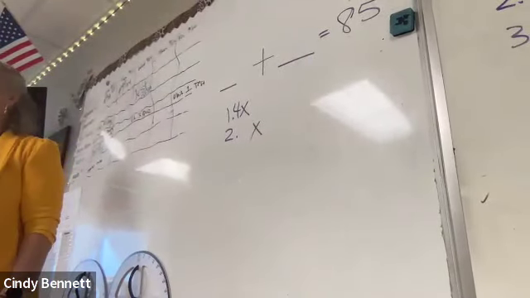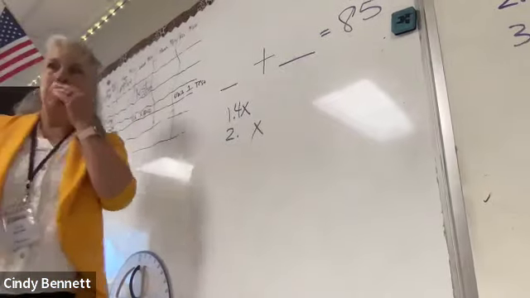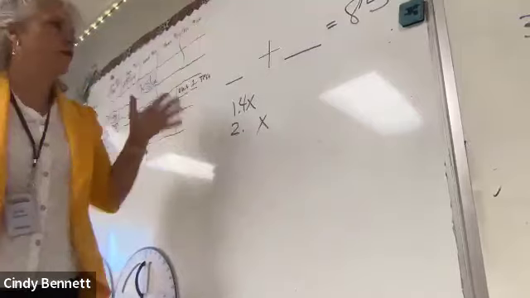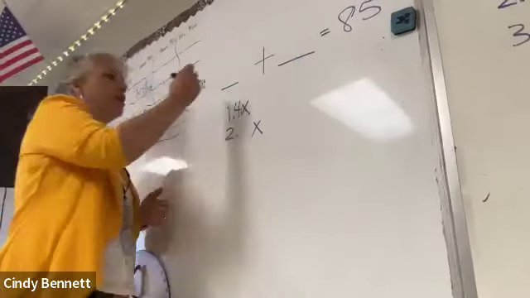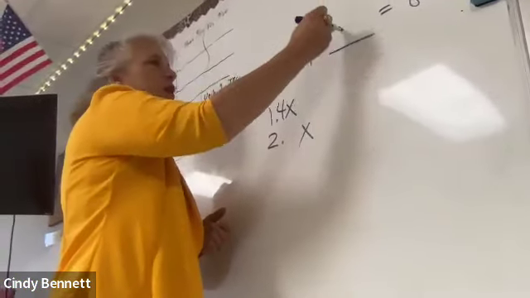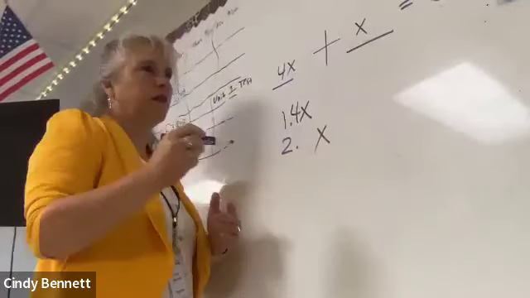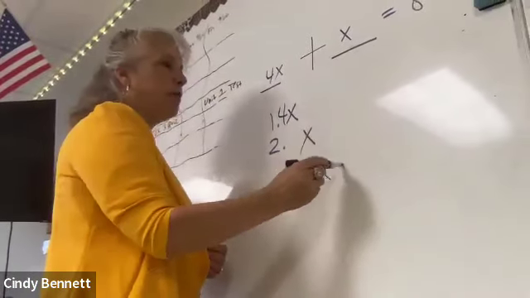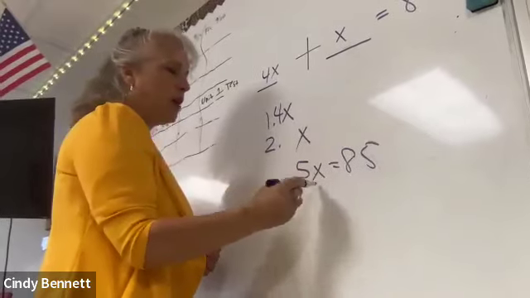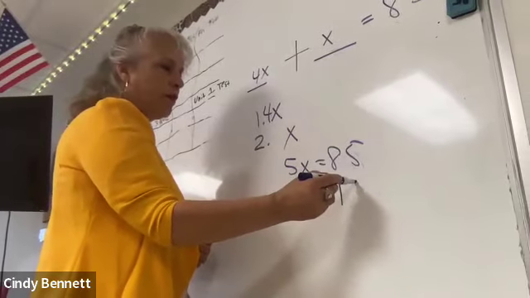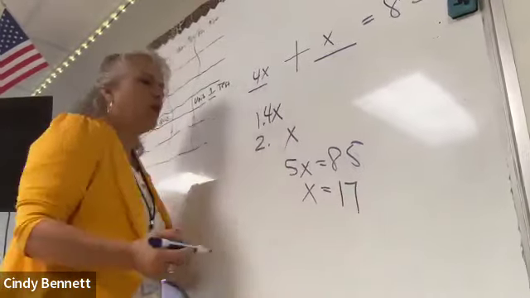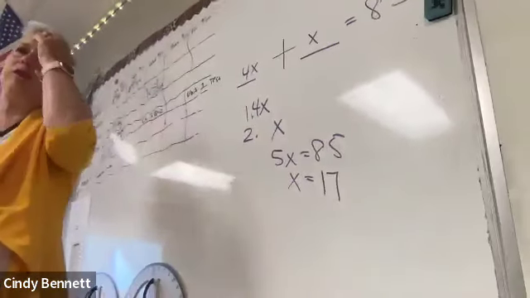So now what do I do? Some numbers added together. So the first number here, second number here. Combine them. Okay, now I'm going to combine them. And what do you get? 5n equals 85. 17. Okay, and so what was the question?